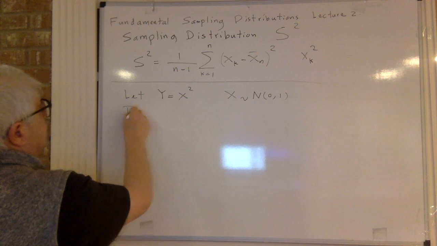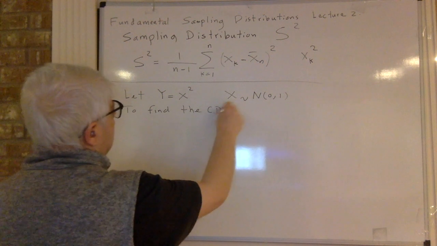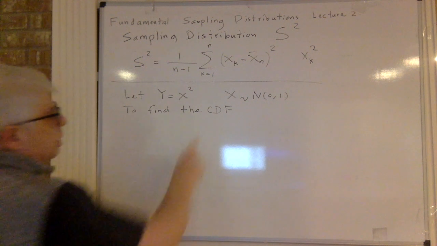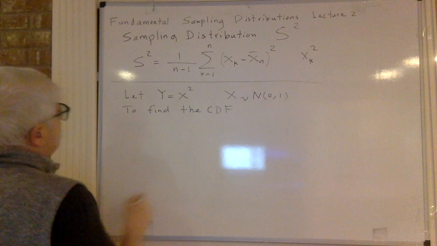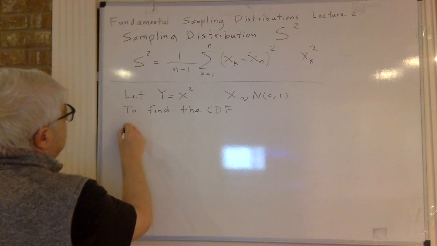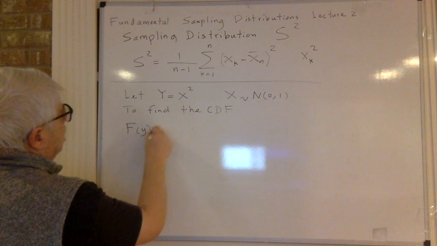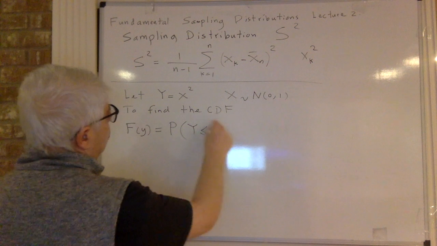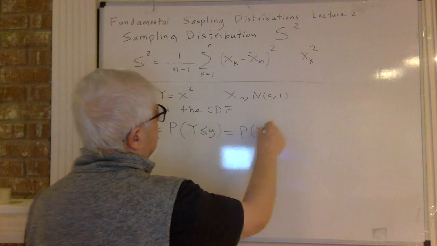To find the CDF, and since the CDF is continuous, the derivative of that CDF, in fact, is the PDF. So let's find the PDF from the CDF. This is a good practice. So what is a CDF? The CDF is a function of, say, y. That is P of capital Y less than or equal to y, which is the probability that x squared is less than y.